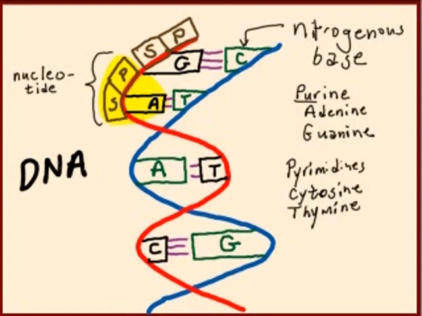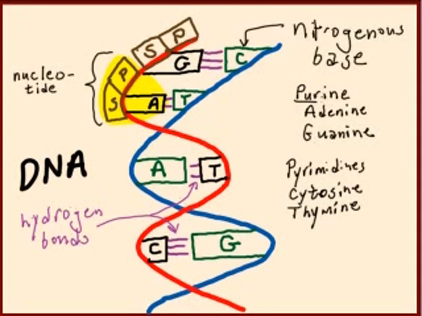Now the purple bonds between the nitrogenous bases, those are hydrogen bonds. So these are hydrogen bonds shown between the nitrogenous bases.